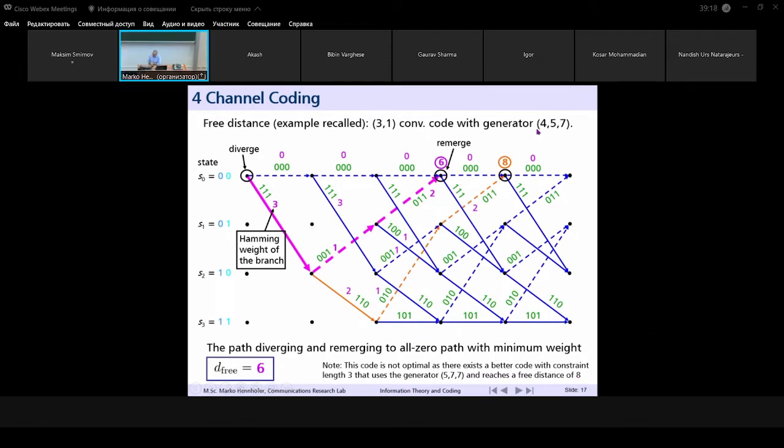This is why you will find no application where a 4,5,7 code is used. If you would want a rate 1/3 convolutional code with memory 2, you would use the 577, which you would get from a table.